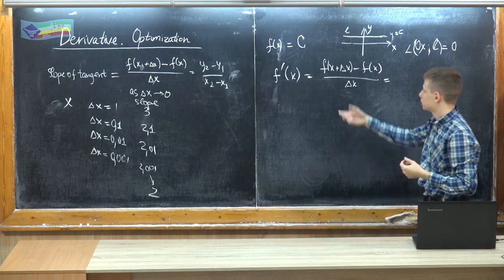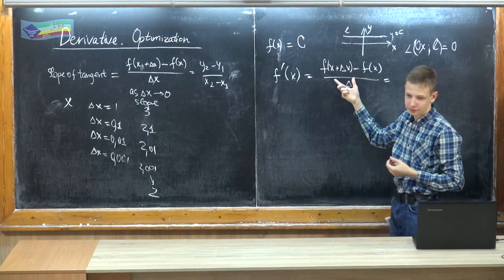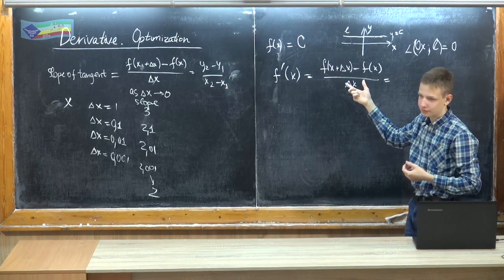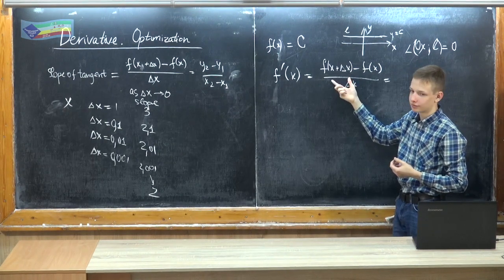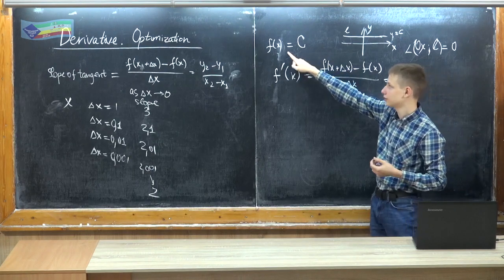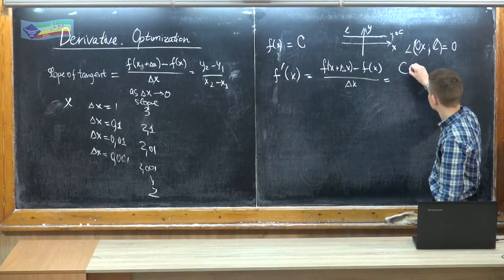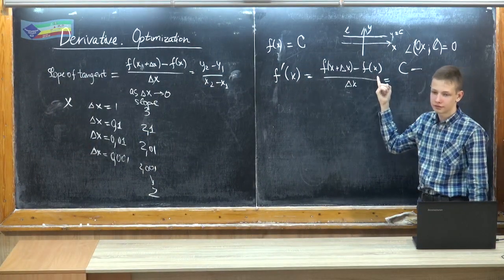So what is the value of this function for x plus delta x? If we substitute in this function, which for all points on the numerical line has a value of constant, what is the value of this function for x plus delta x? And for x?